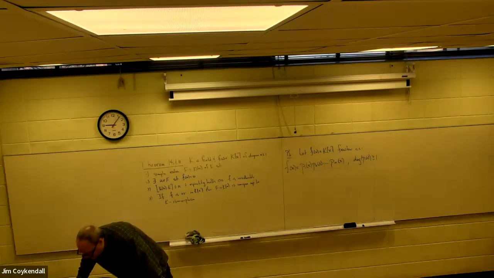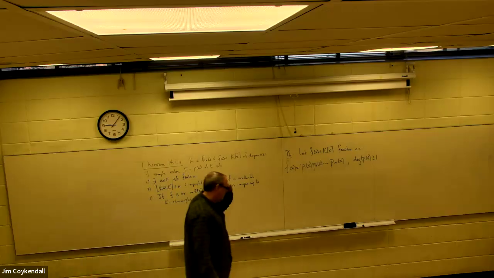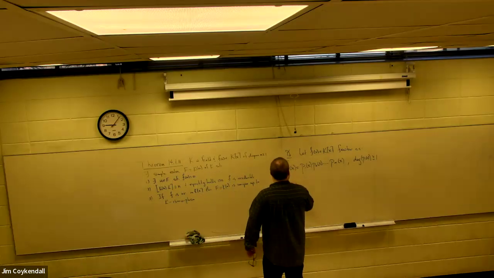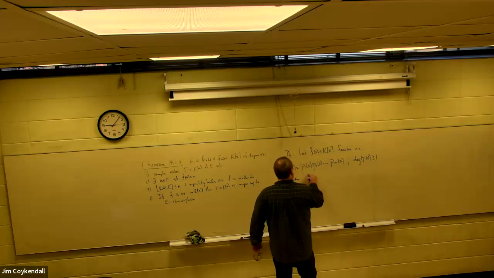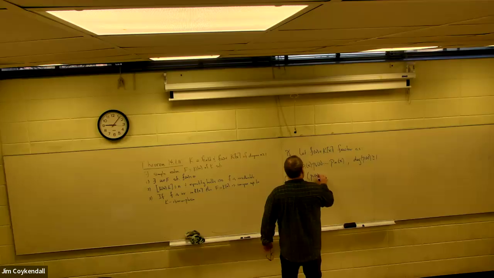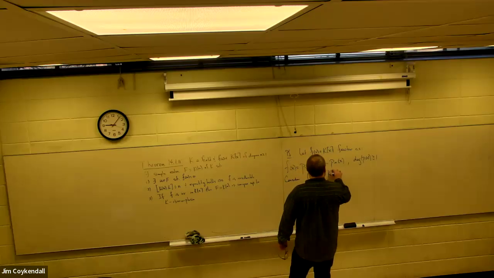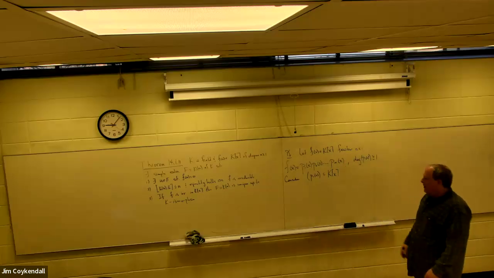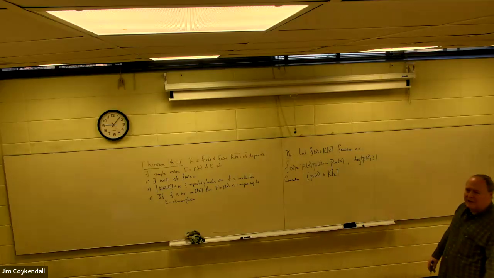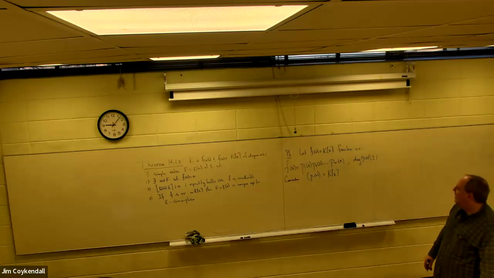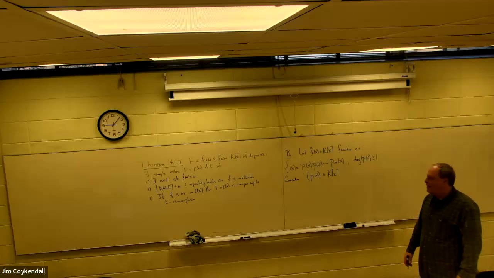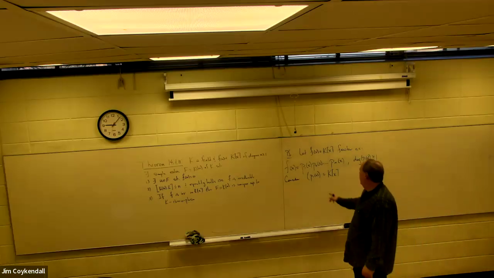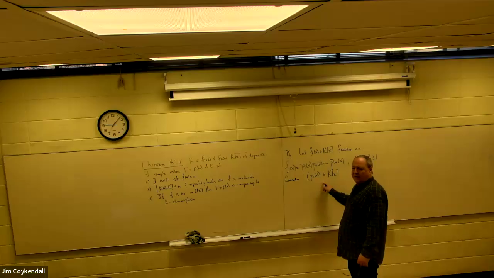Now I'm just going to pull off one of those factors of f. I'll take the first one for convenience. Look at the ideal generated by p1(x) in k[x]. What can you say about this?